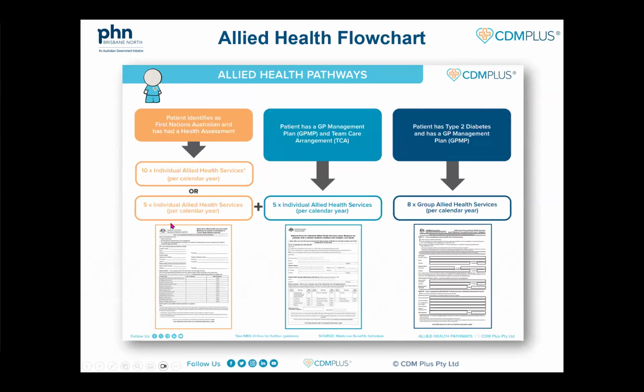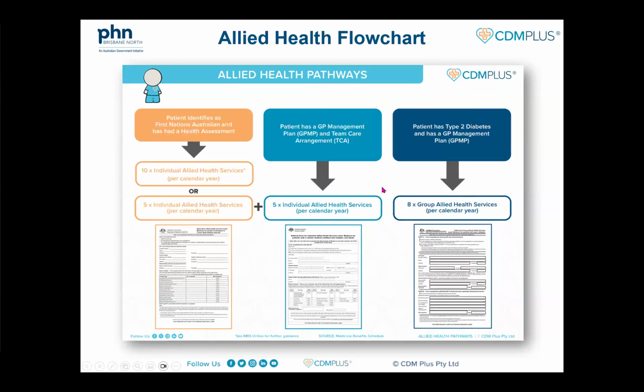Obviously different forms for different providers, but they've updated the form for that. Or we can use 5 individual allied health services and 5 under the care plan, the GP management plan and team care arrangement. It just comes down to what the patient requires, but it's still a total of 10.